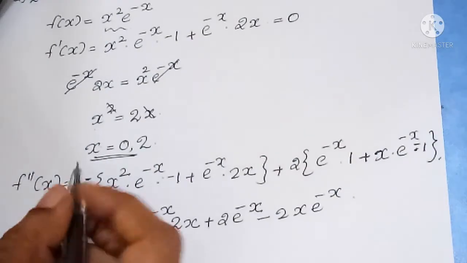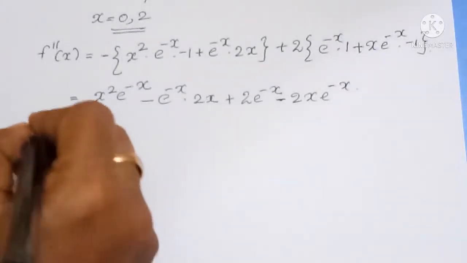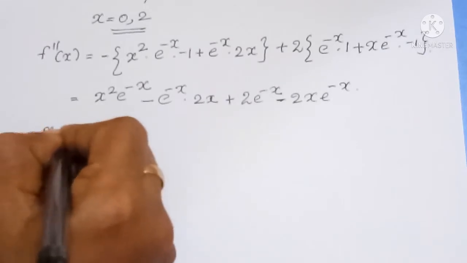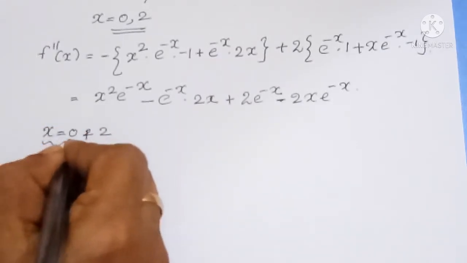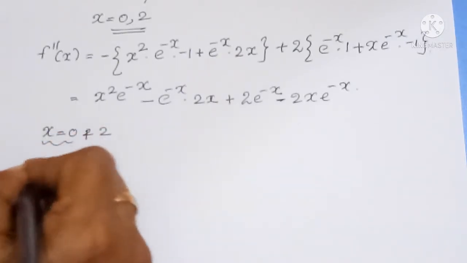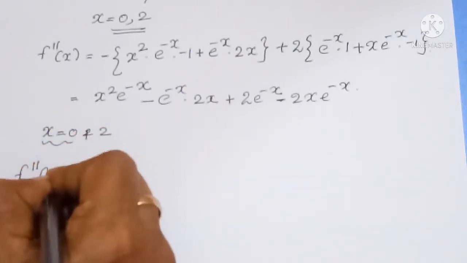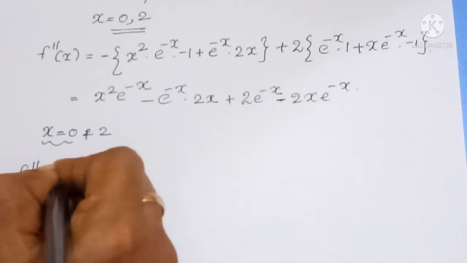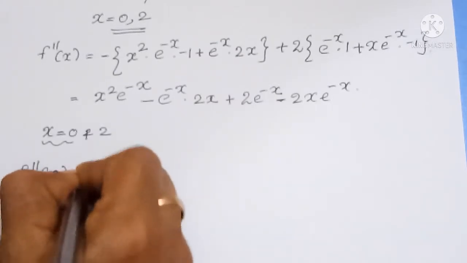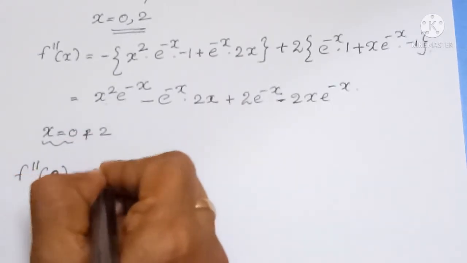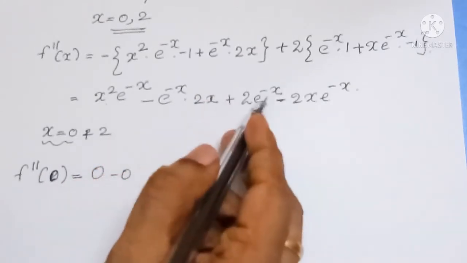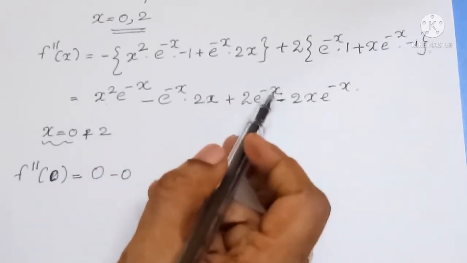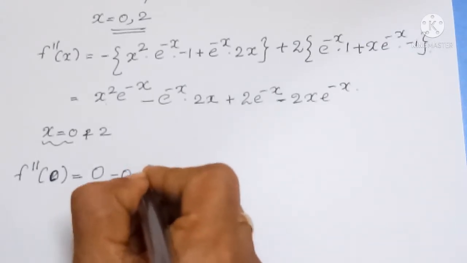What is the next step? Next step, substituting x is equal to 0 and 2. So first we take x is equal to 0. F double dash of 0 equal to, this term becomes 0, this term becomes 0, this term becomes e raised to 0, which is 1, so 2.